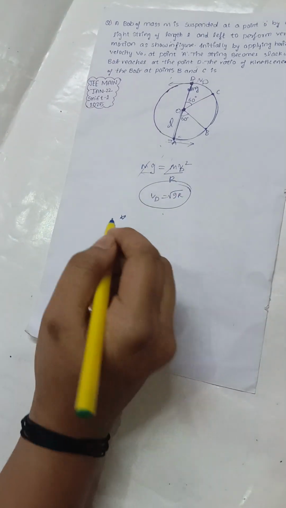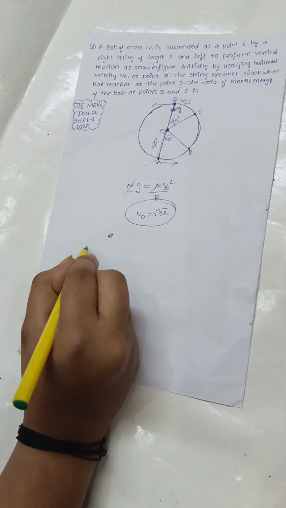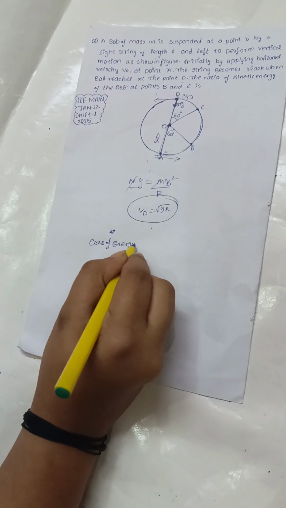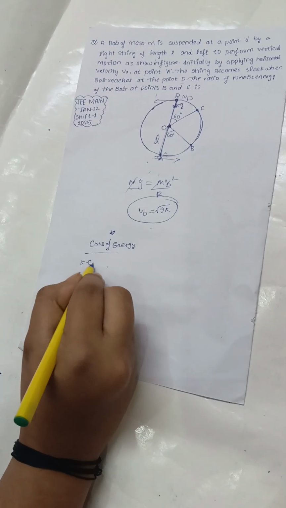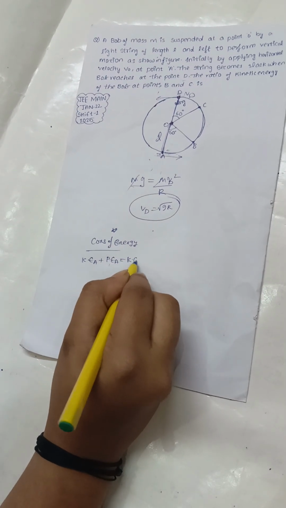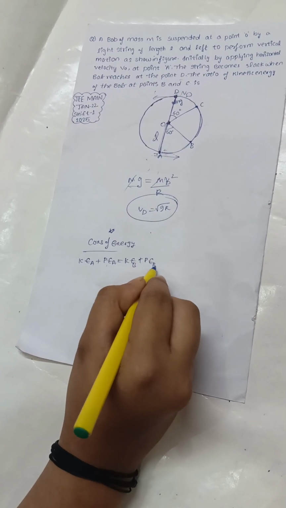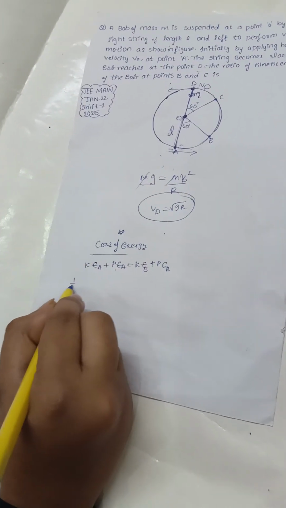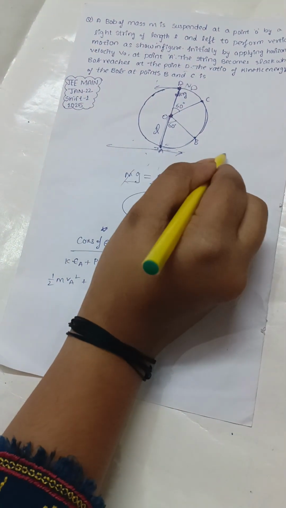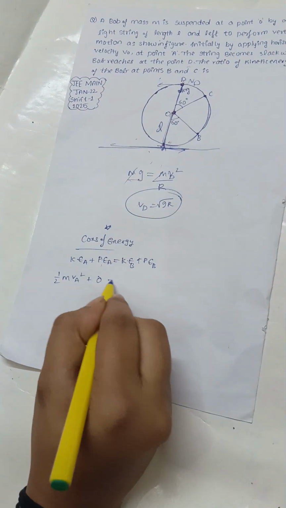Now apply conservation of energy, because there are no net external forces. Kinetic energy at A plus potential energy at A is equal to kinetic energy at B plus potential energy at B. At A there will be some velocity vA, and let's assume it as a reference point, so there will be no height, so 0 potential energy.